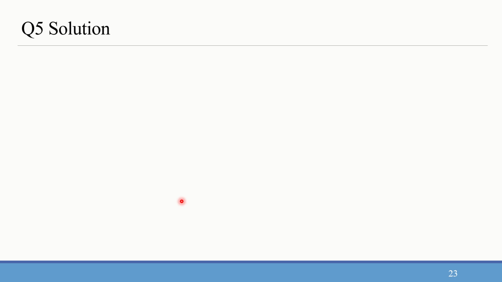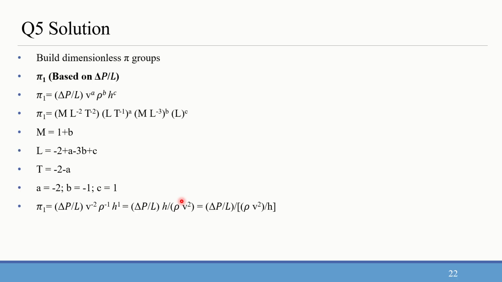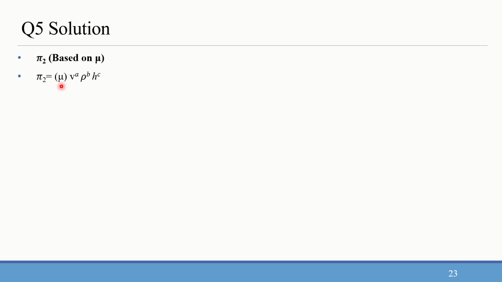So out of the 4 pi groups, we have seen one first group. Second one, pi 2, we are going to change the basis. So previously we have taken delta P by L. Now instead of delta P by L, we have 3 more non-repeating groups. So we are taking that mu.